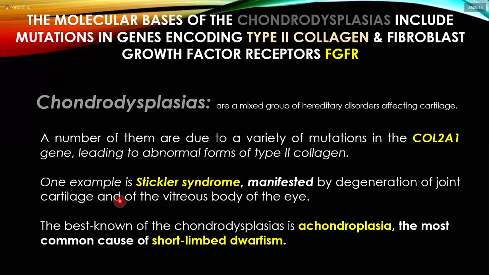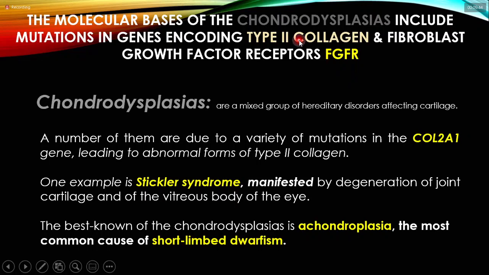As a matter of disorders that can be associated with the cartilage structure, some individuals could develop what's called chondrodysplasias, disorders that can be associated with type 2 collagen mutations, for example, or FGFR mutations, which means the following.